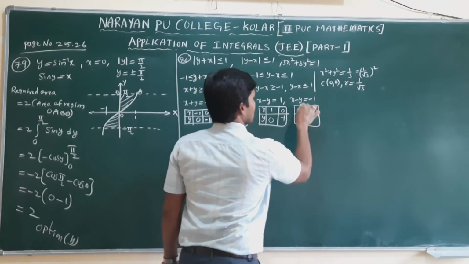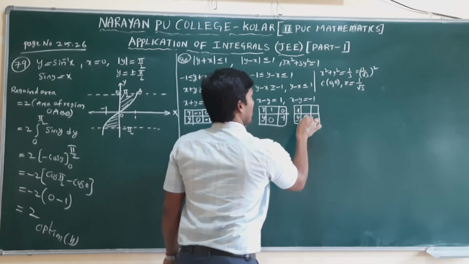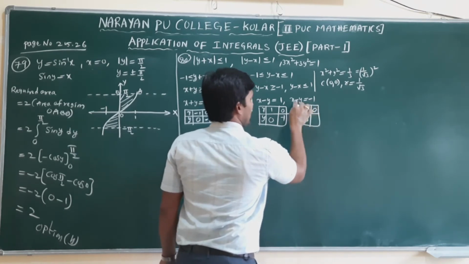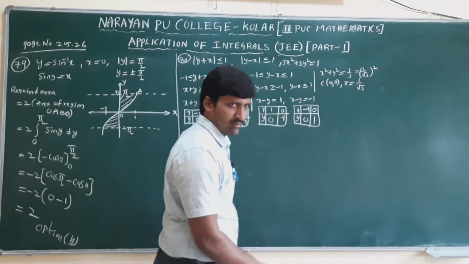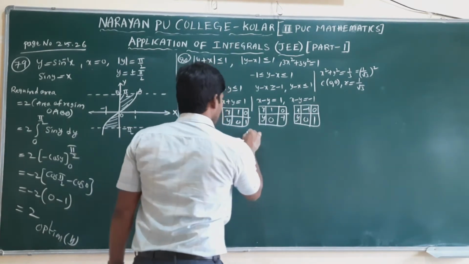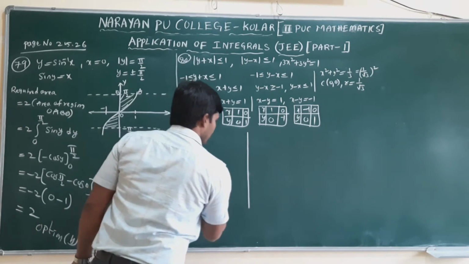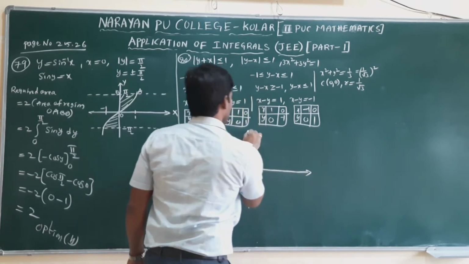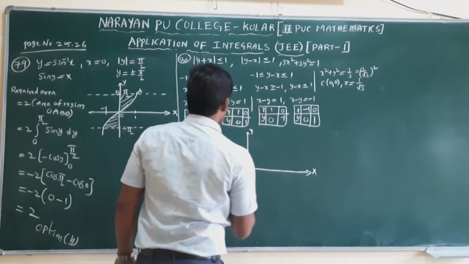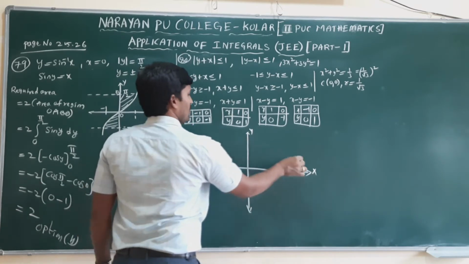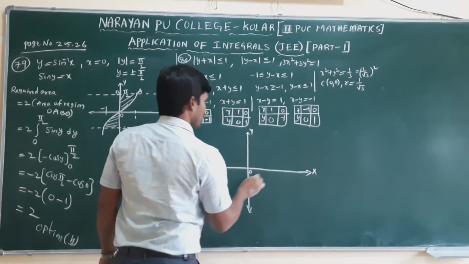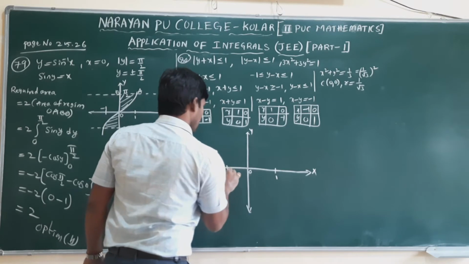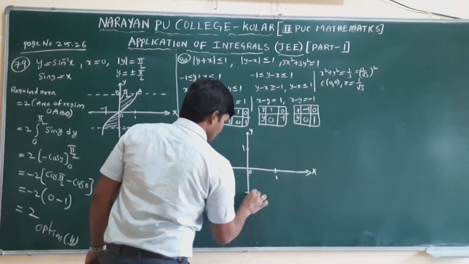In the last line, y value 0, x value minus 1; x value 0, y value plus 1. Now this clearly forms a square. Now this is the center, with 1 here, minus 1, plus 1, minus 1.